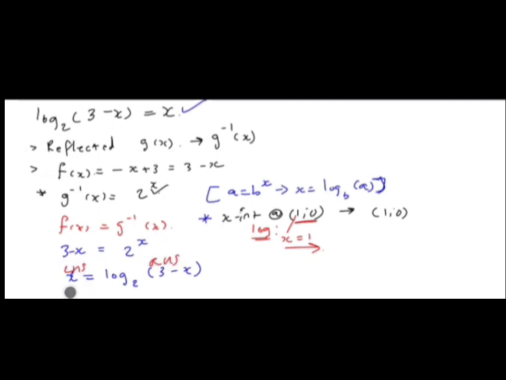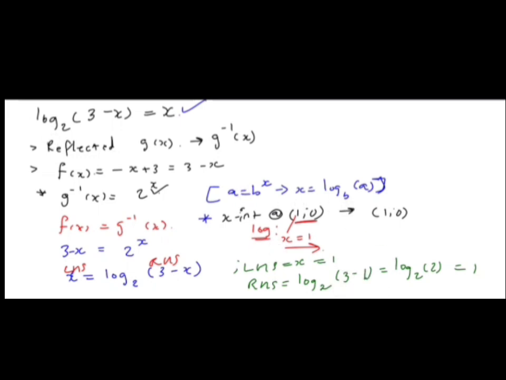I have my left hand side being x, and my x is 1. My right hand side has to be equal for me to prove that this is the solution. So let's go ahead and check what we get. This will of course be log base 2 of 2, which is the equivalent of 1, but you can test it out in your calculator for yourself and see what you get.